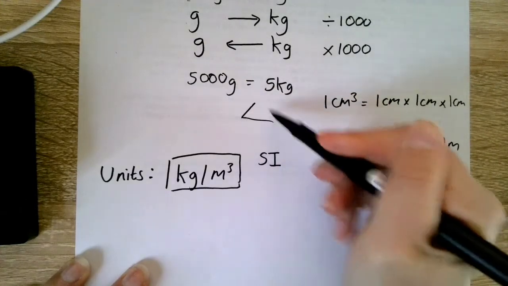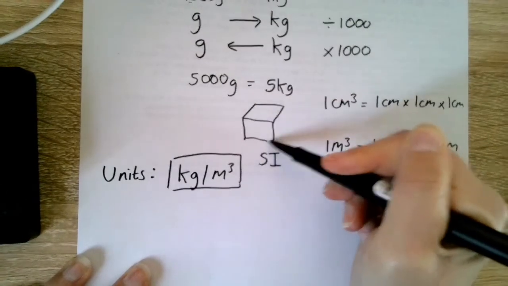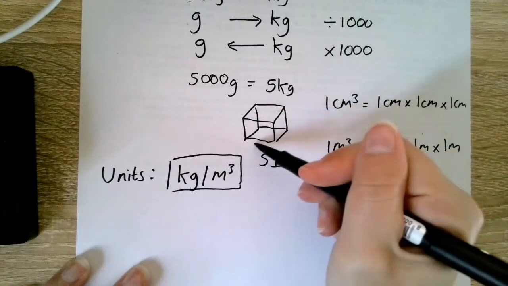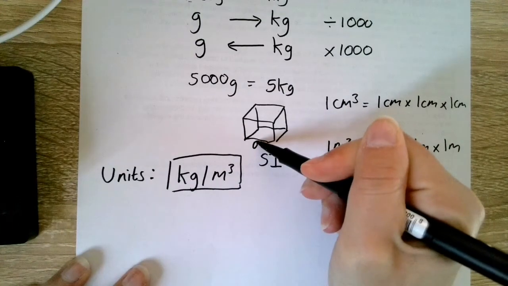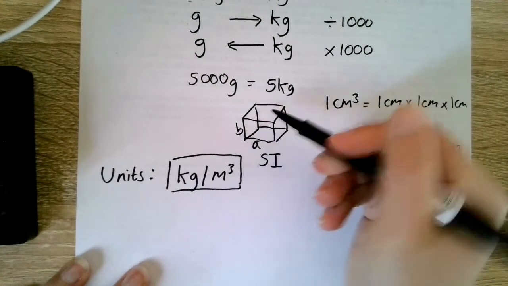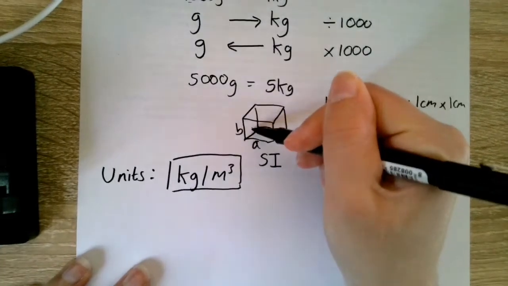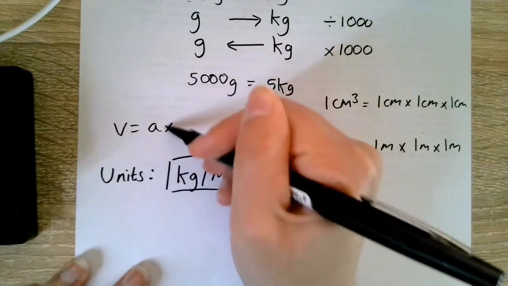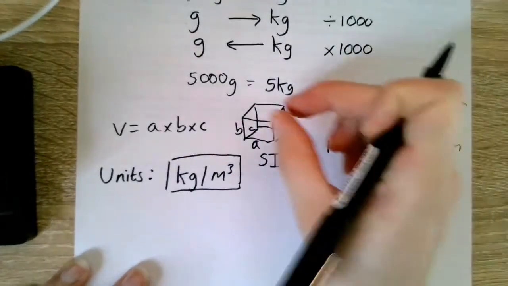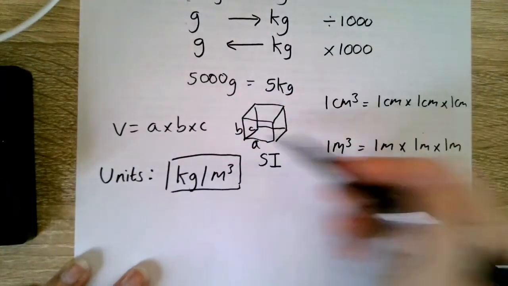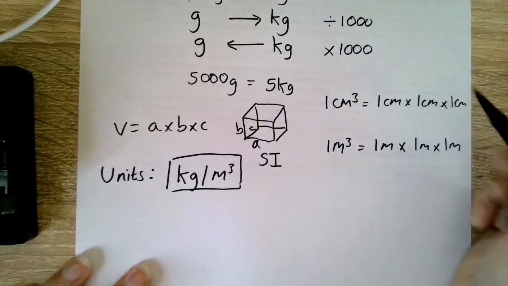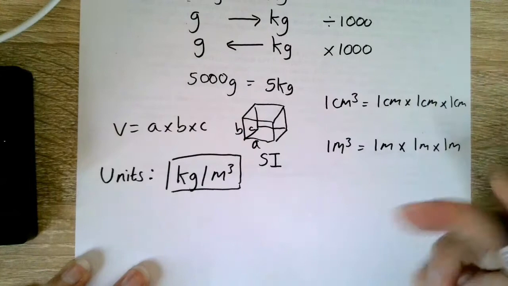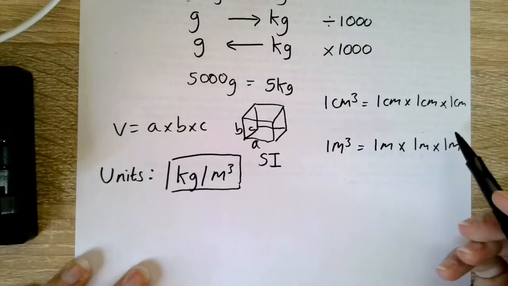Remember, when we're talking about a cubed unit and volume, we're talking about doing our width times our length times our height. So A times B times C is our volume, and for a 1 centimetre cube block, each of those would be 1 centimetre, to give us 1 centimetre cubed. If it was a metre block, each of those sides would be 1 metre.